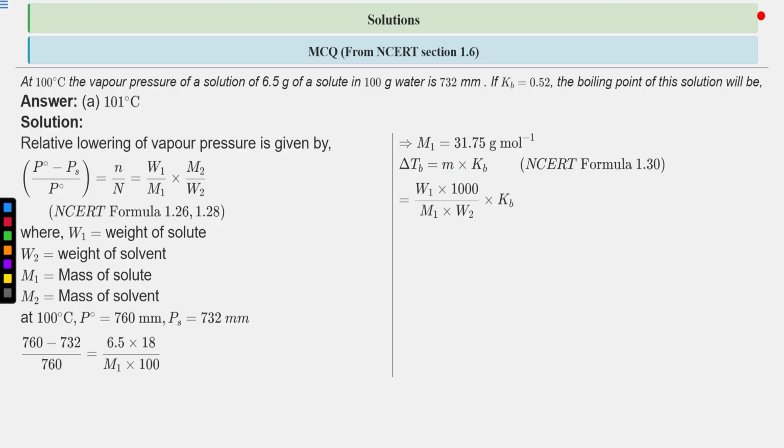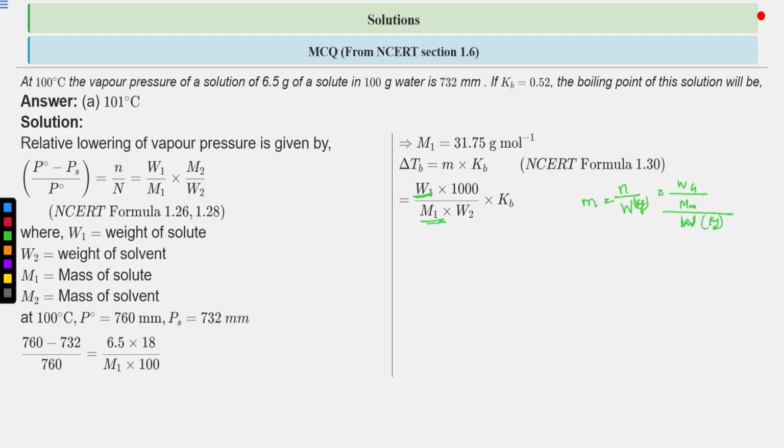Molality will be the number of moles divided by the weight of solvent in kg. The number of moles will be the given mass upon the molar mass. So m is the given mass divided by the molar mass, divided by the weight of solvent in kg.